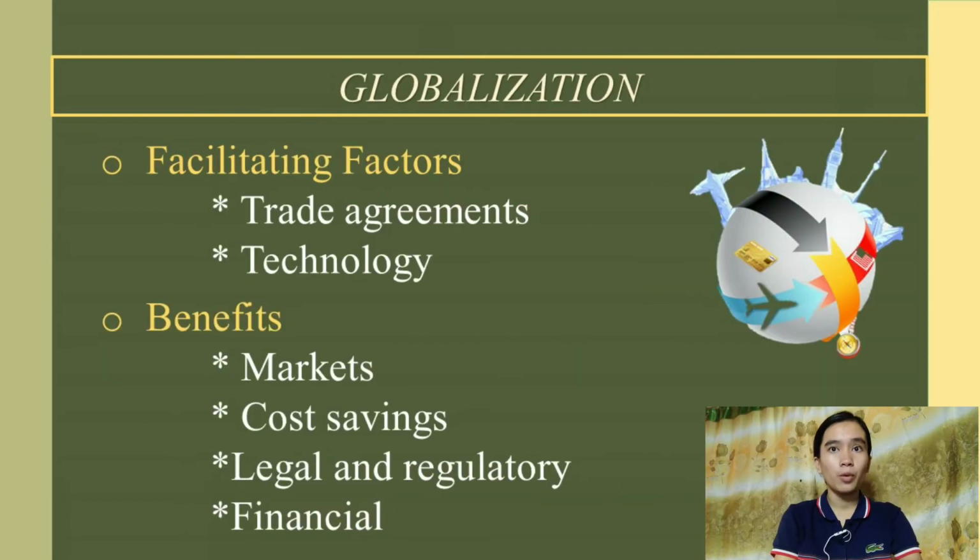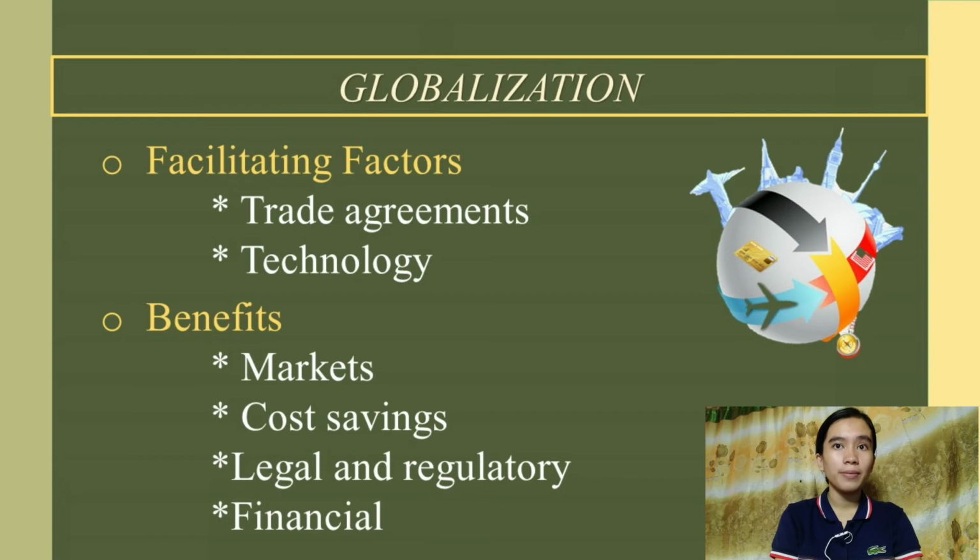Moving forward, when we talk about locations, the only limit is the capability and willingness of the company to go global. With this, they will be able to join trade agreements, which will eventually reduce the cost of doing business worldwide. However, these days, with advanced technology, almost every company is going global.